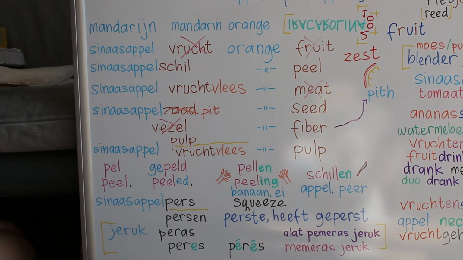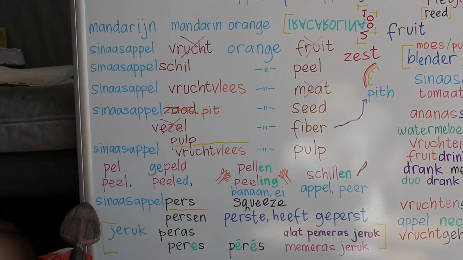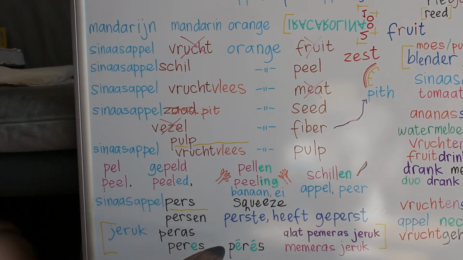In Indonesian language, we also have a word that I think is from Dutch, which is peras. Orange itself in Indonesian language is jeruk. So squeeze, in Dutch, pers. In Indonesian language, peras.